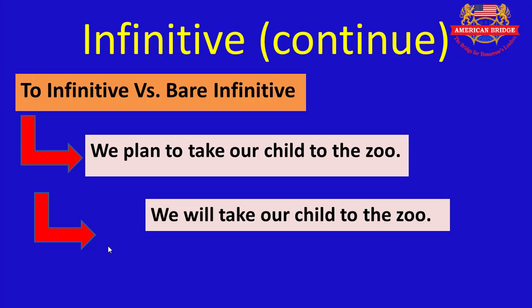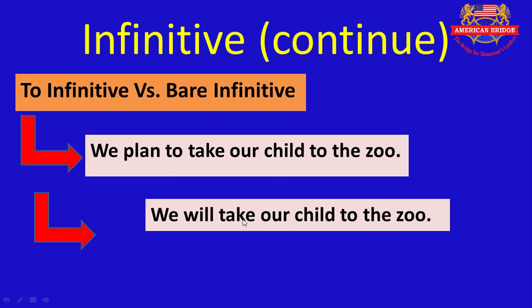So you have to remember as well the infinitive. We have the to-infinitive and the bare infinitive, everyone. So the to-infinitive means to plus the main verb. Okay, like we plan to take our child to the zoo. So to take means the to-infinitive. Okay, and we will take our child to the zoo.